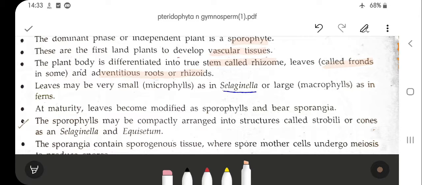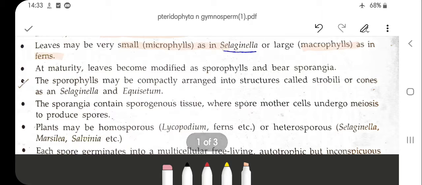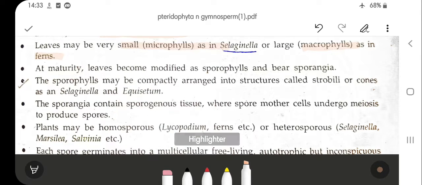The leaves may be small as in Selaginella or large, that is macrophylls, in ferns. They are very decorative and ornamental plants, known as ferns. At maturity, the leaves become modified as sporophylls and they bear the sporangia.